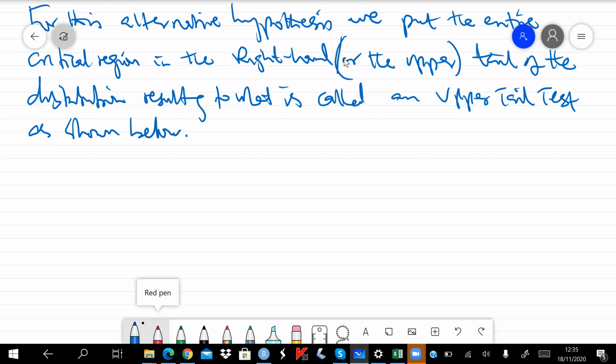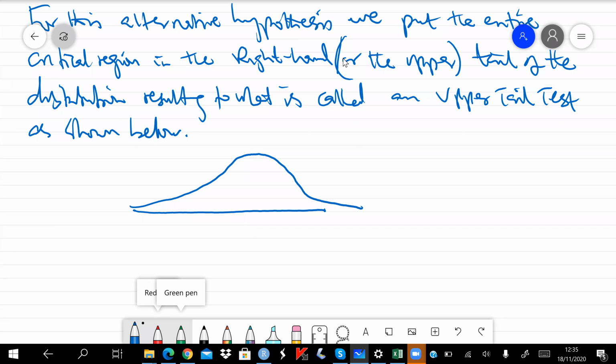So we have something like this. You put the entire critical region on one side like that. This is your critical value, so let's just call this one Z. This is your alpha, and this is 1 minus alpha.